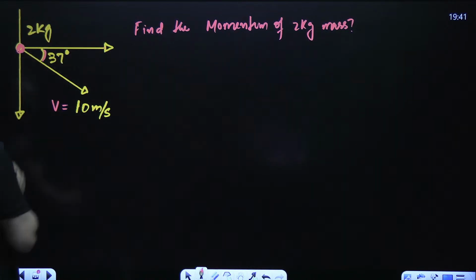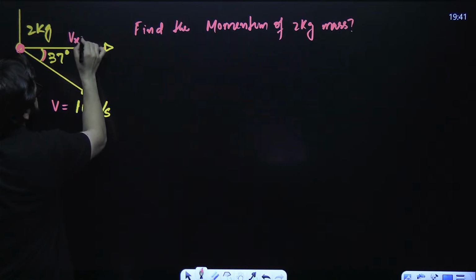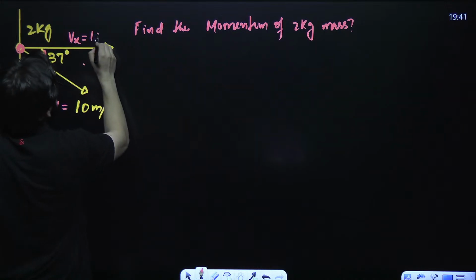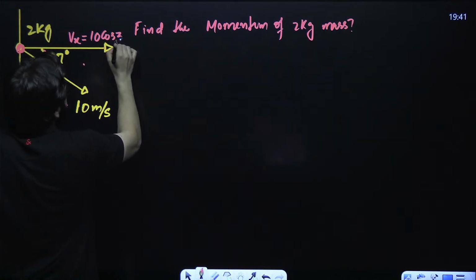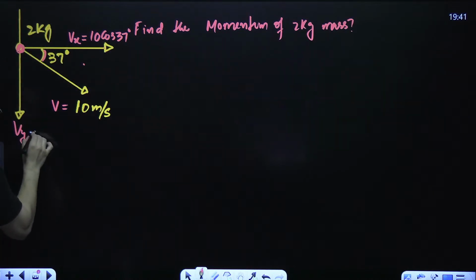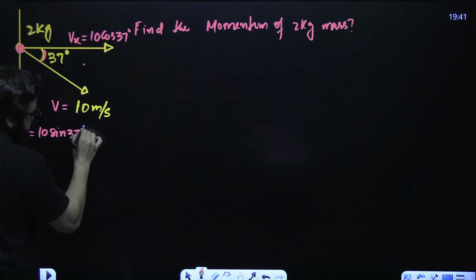Okay. So if this is 10, this component will be Vx horizontal, that is 10 cos of 37 degrees. And this component will be Vy is equal to 10 sine of 37 degrees.